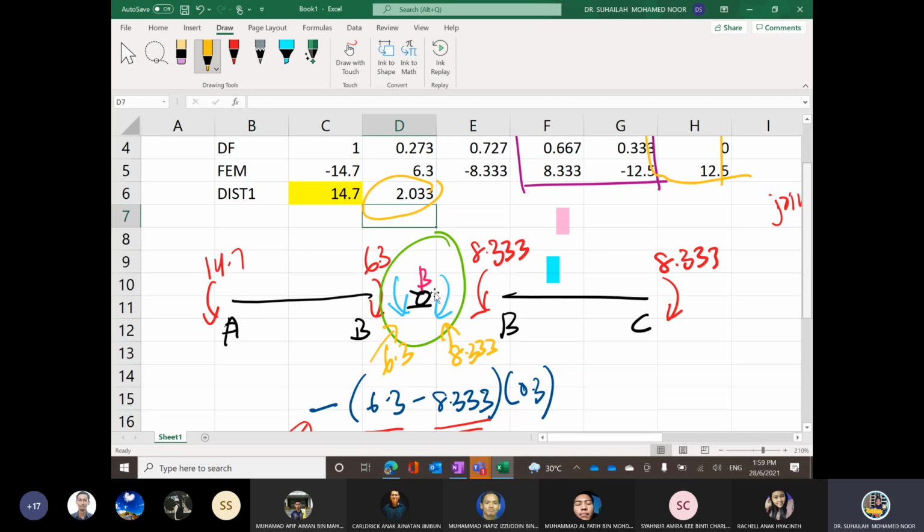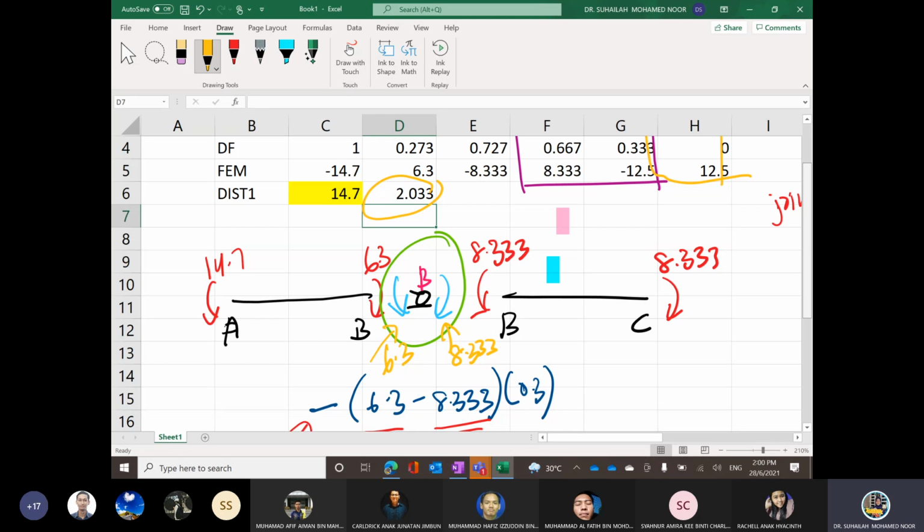But actually the moment that we distribute is, okay, the blue one. The moment is negative 6.3 plus 8.333.